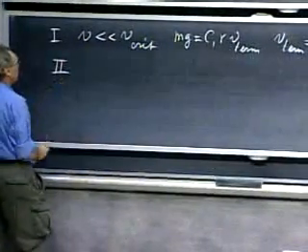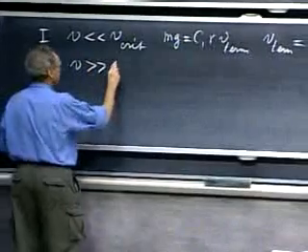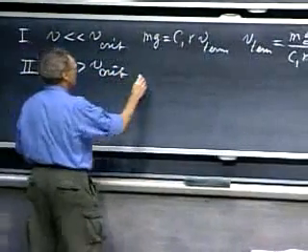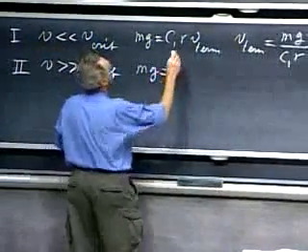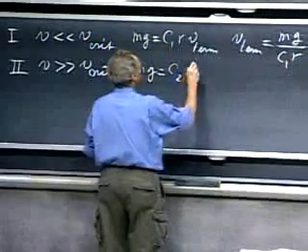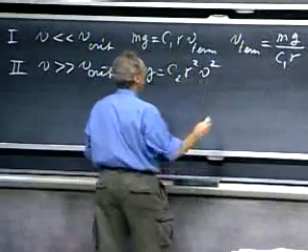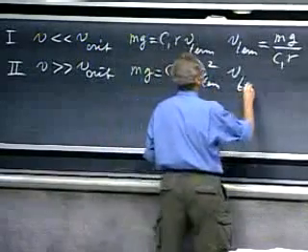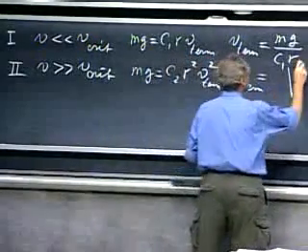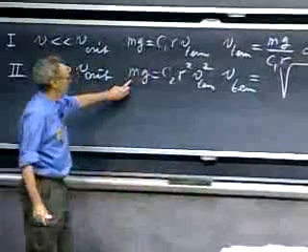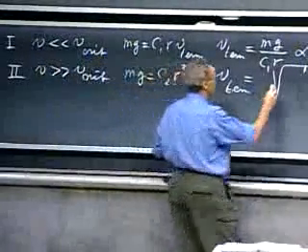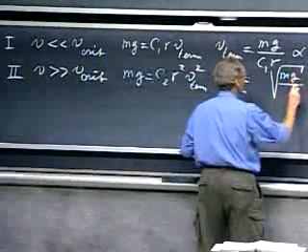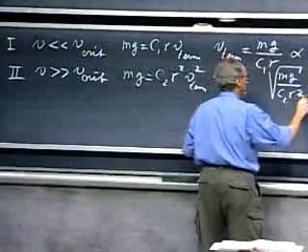Regime 2 is the case when V is much larger than V critical. So then mg equals C2 r squared V squared. This is the terminal velocity. So the terminal velocity is then the square root of mg divided by C2 r squared.